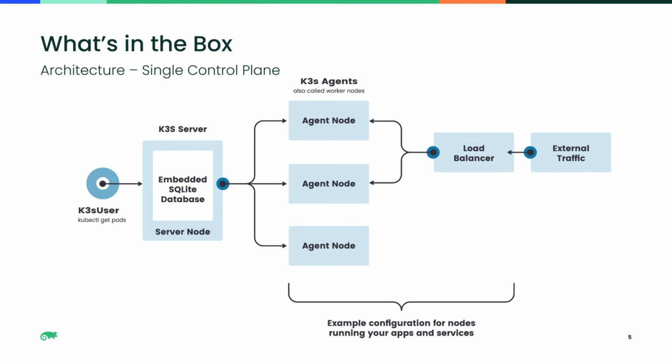We have a K3s server or control plane with an embedded SQLite database on your server node, and then either that can be just a single node also running your workloads, or you can start adding additional agent nodes, also called worker nodes, if you need to scale out as far as compute power goes.